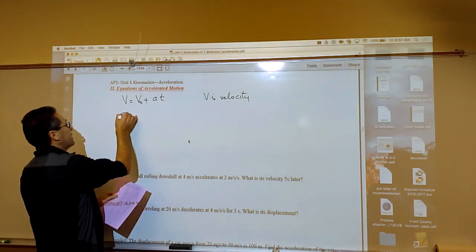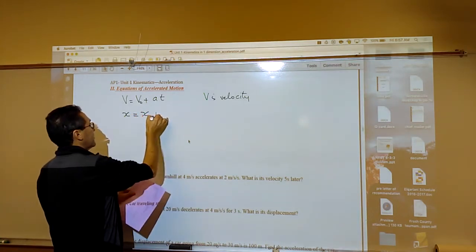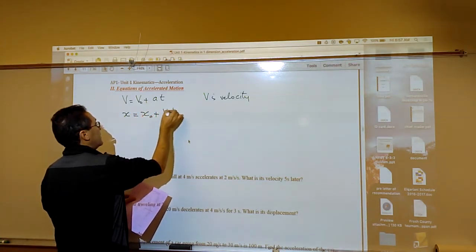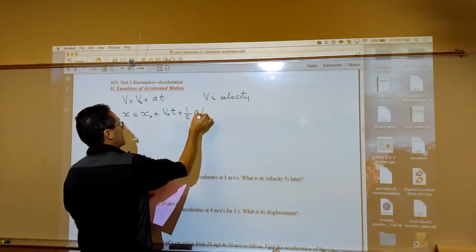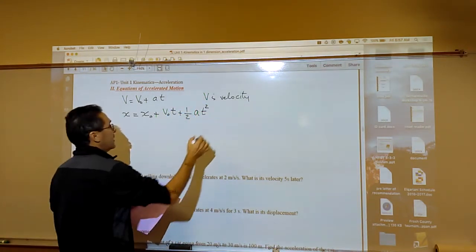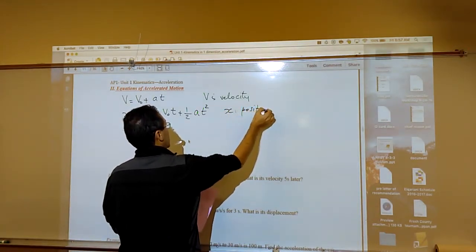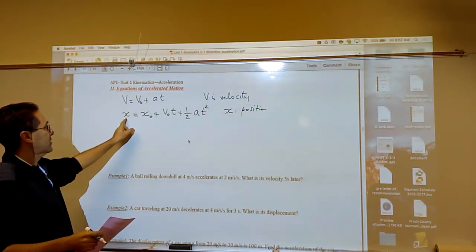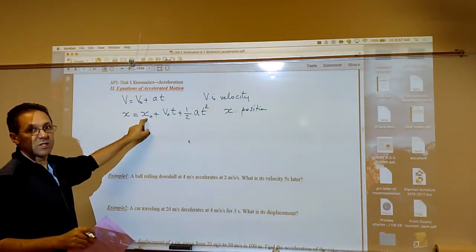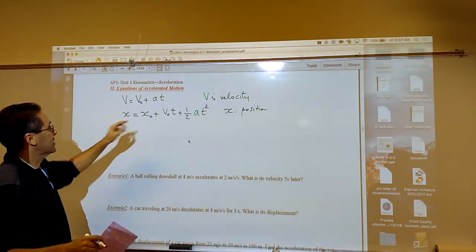The next one is x equals x0 plus v0t plus 1/2 at squared. Okay? Now x here stands for position, and this will help us find the displacement. If I do x minus my position when the clock started, I will get my displacement.